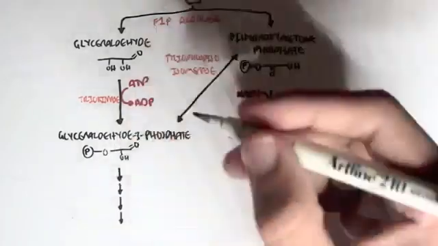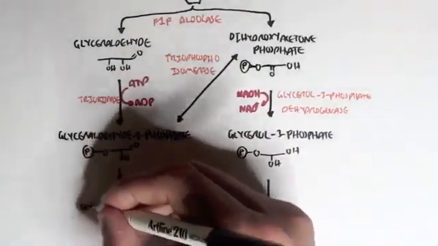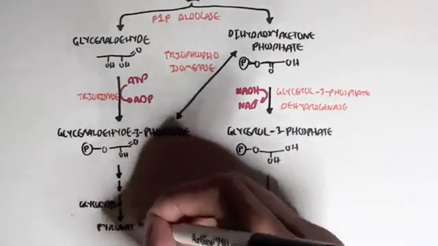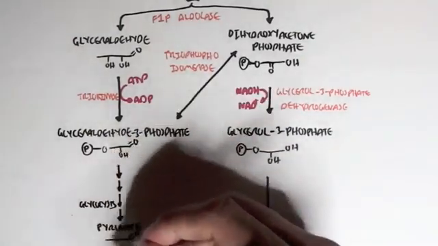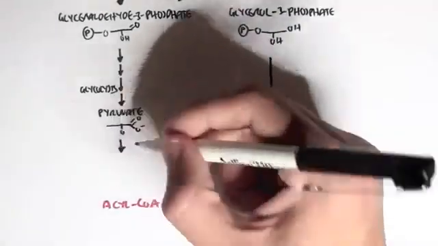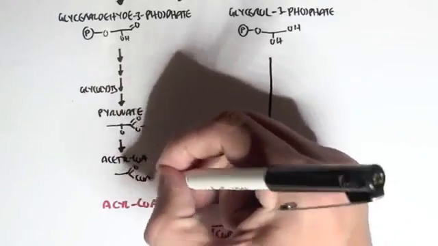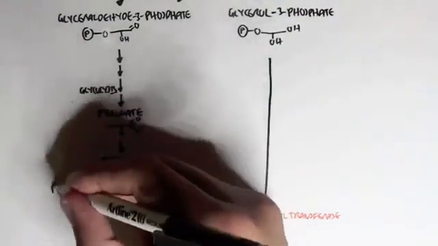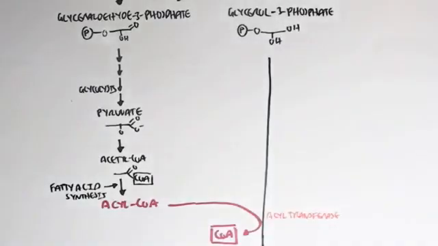Anyway, glyceraldehyde 3-phosphate is also part of glycolysis, if you remember. Glyceraldehyde 3-phosphate through glycolysis, through the end step of glycolysis, can become pyruvate. And then pyruvate can convert to acetyl-CoA. And then acetyl-CoA can then, through fatty acid synthesis, become acyl-CoA, which are fatty acids. So acetyl-CoA can make fatty acids, that is acyl-CoA.